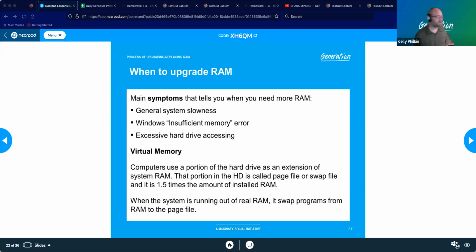So when you run out of memory in your RAM, your computer switches to something called virtual memory. It's one of these things where they try to use something else in a manner in which it wasn't originally intended.